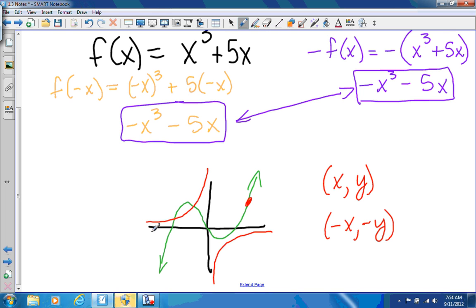So for example, if we have this point here that is (3, 2), then there has to be a coordinate of (-3, -2) on the graph as well.